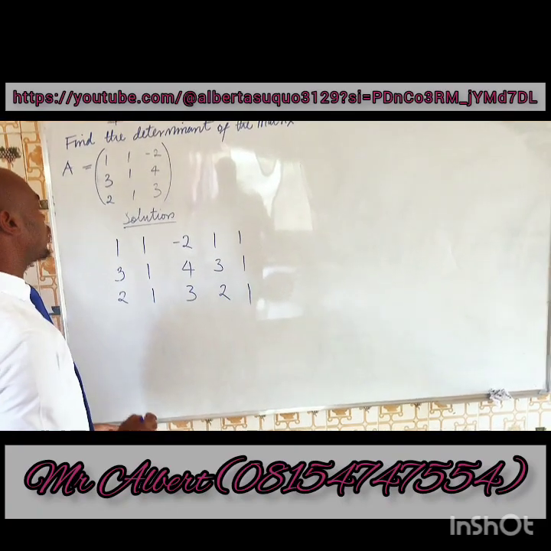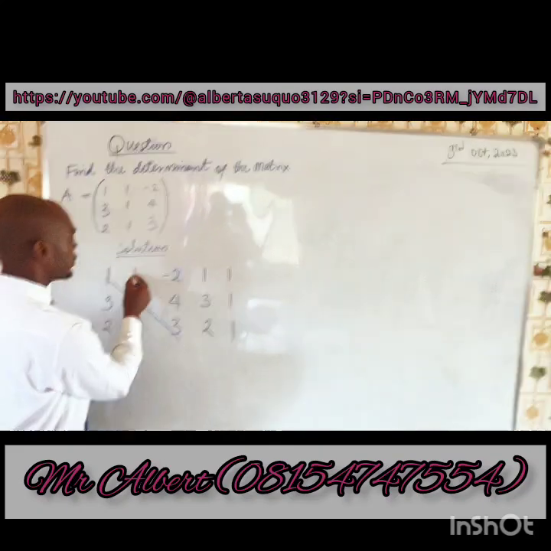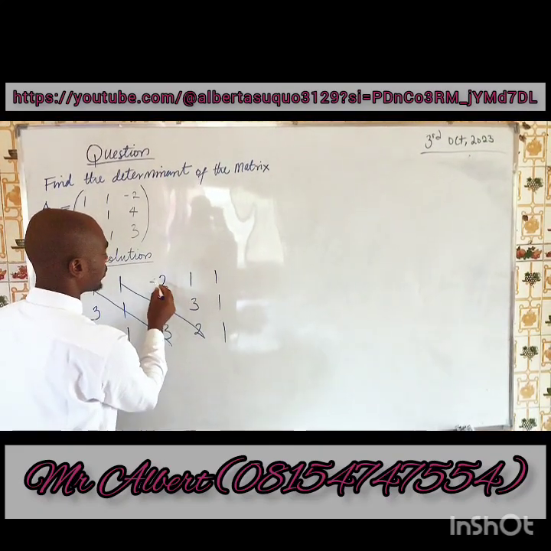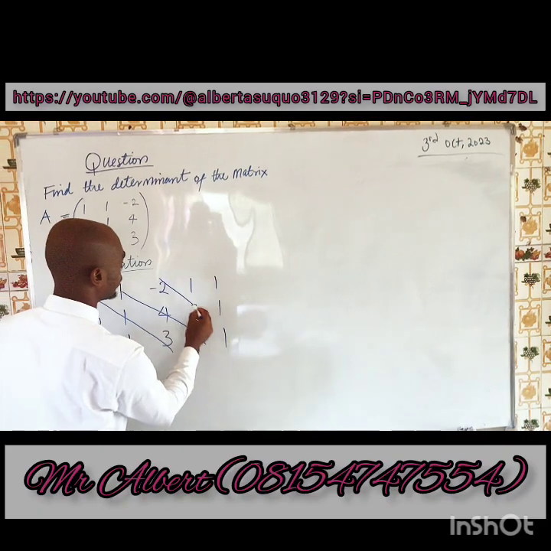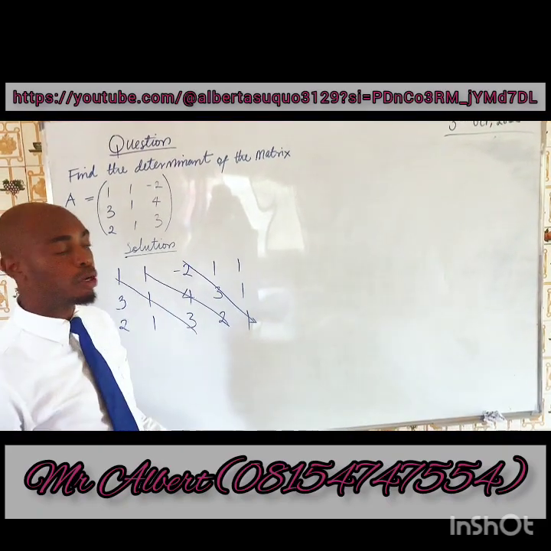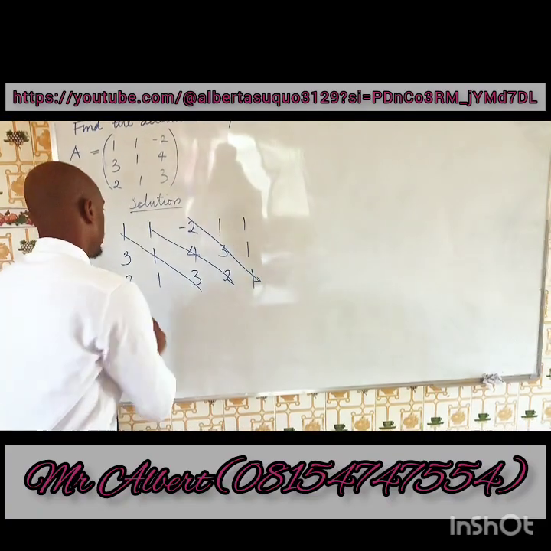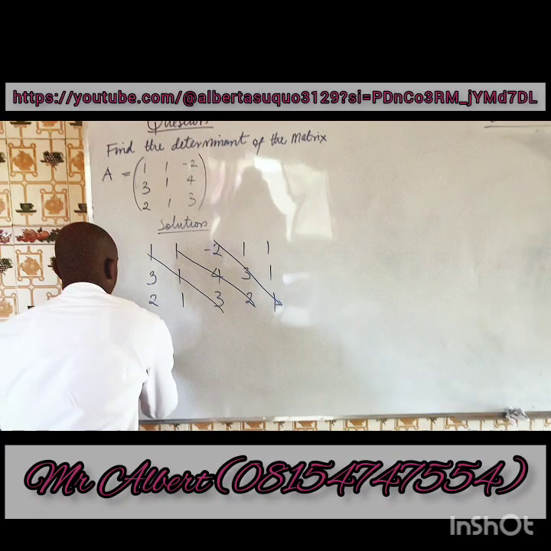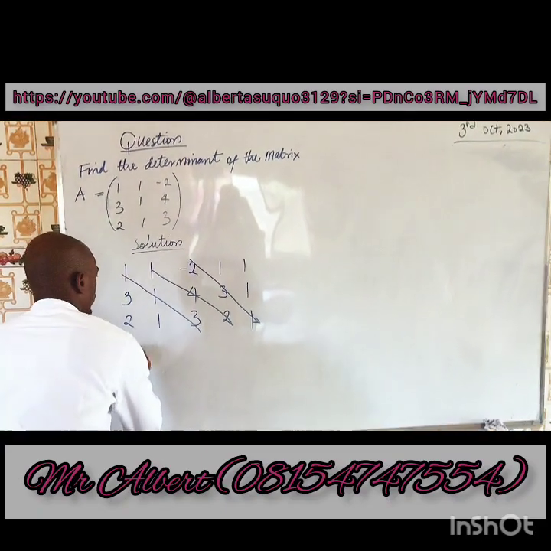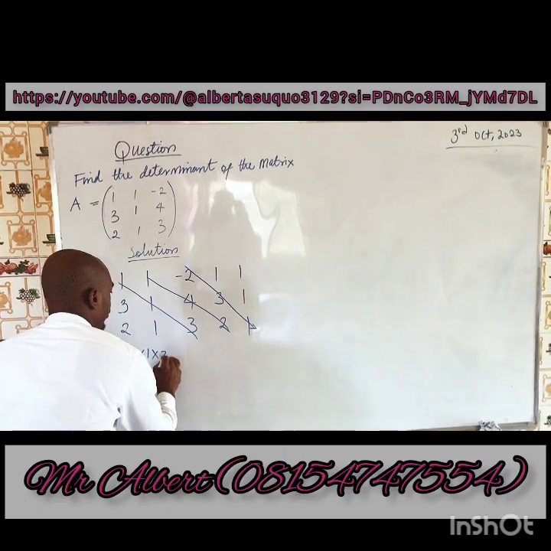Now see what we are going to do. We pick this. Please follow this arrow. We are going to take the product of these three numbers. One times 3.